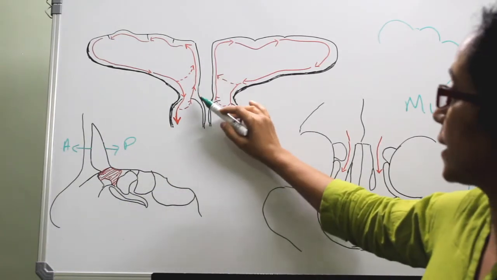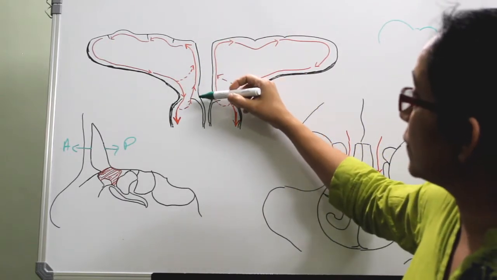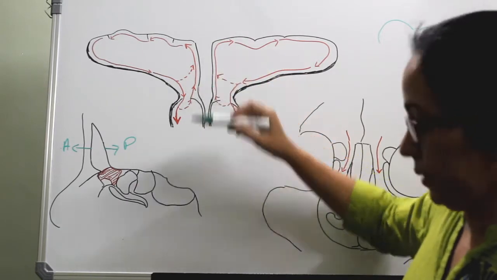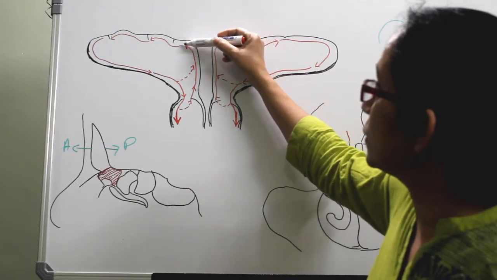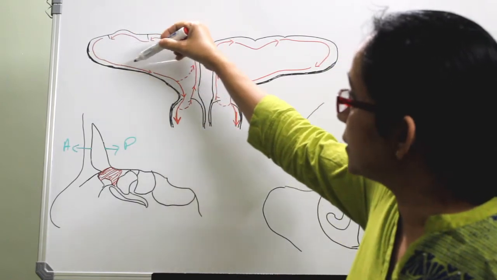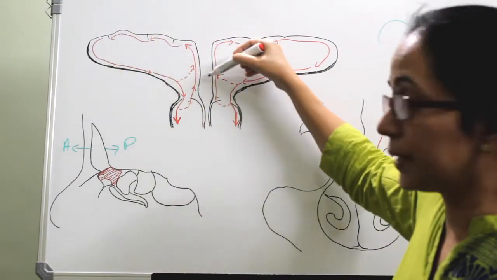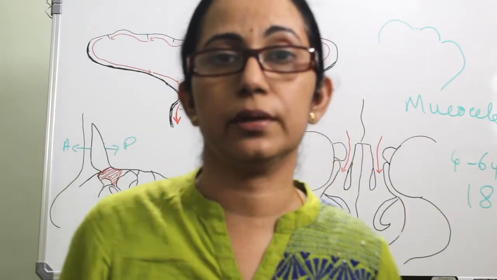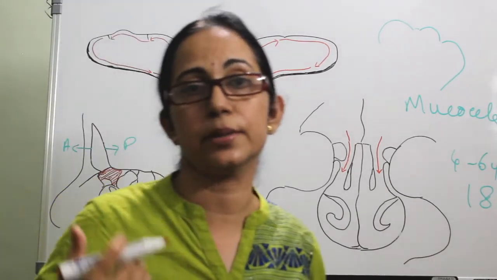You can see there is an active inwardly directed transport of the mucosa, first along the interfrontal septum. From there it goes laterally along the roof, and then it turns and comes medially through the floor of the frontal sinus, and also the lower part of the anterior as well as the posterior walls.